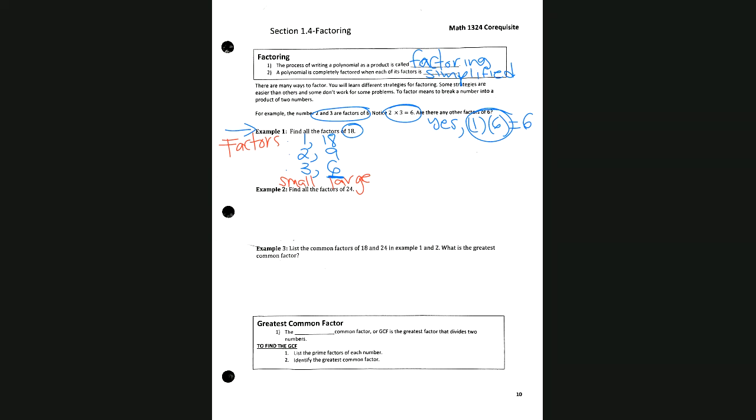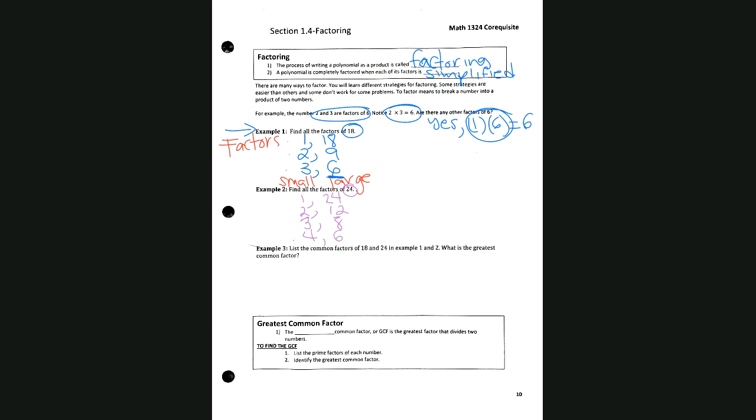Now, let's find the factors of the number 24. I'm going to start with the number 1 times 24, because the product of those two numbers is 24. Then I could say 2 times 12, also 3 times 8, and we also have 4 times 6.